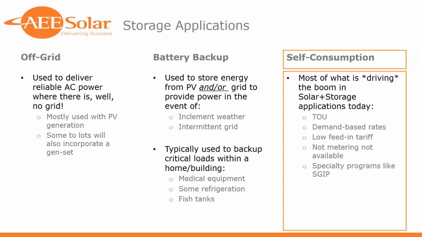Battery backup. So, there we're storing energy from PV and or grid to provide power in the event that backup is needed. So inclement weather, storms, intermittent grid. We're really fortunate in North America here to have a very stable grid where I'm in Northern California, and we've maybe got 3 hours of grid outage a year.